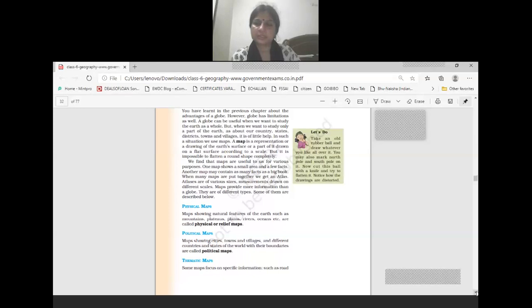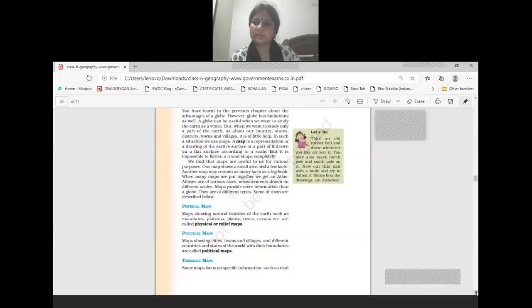And we have also discussed the importance of map. Why do we need map? Map is required when we want to study only a part of the earth. Globe is useful for us. If we compare the uses of globe and map, then we see that globe is a true model of the earth. We all know, we have read in the previous chapter.